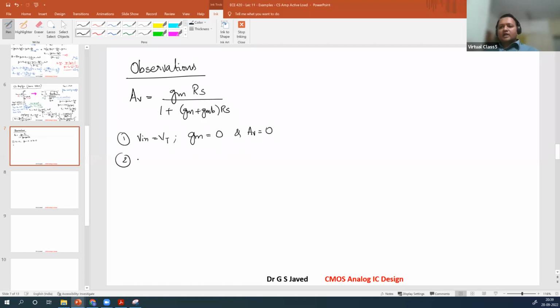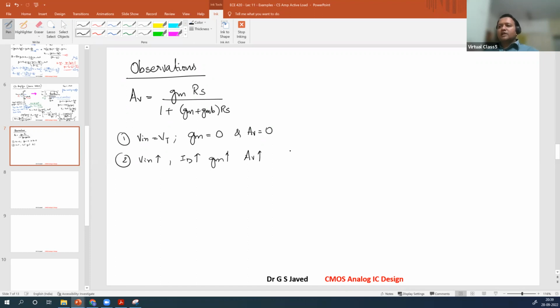Second, as Vin increases, VGS will increase, and ID increases, gm will increase, and as gm increases, Av will increase. So what is the maximum factor that you will get? The (gm plus gmb) times RS will be extremely large.